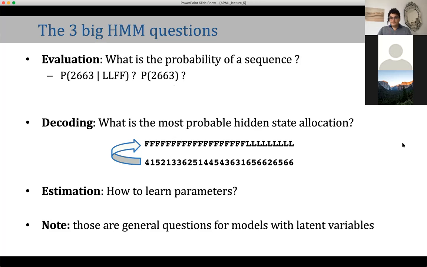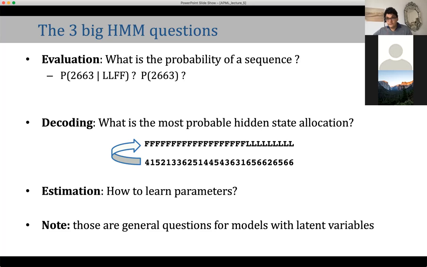And there is an associated question, which is how can I learn parameters from a hidden Markov model? And we'll see that what's really nice is that if your hidden Markov model has enough structure, you can learn with EM again. We can learn parameters of a model without having annotated examples.